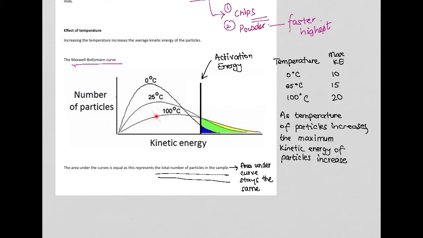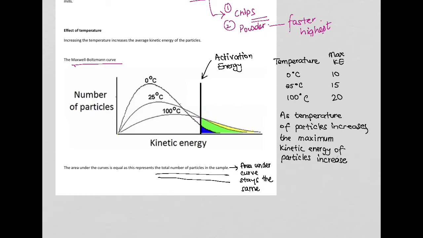All these particles actually have energy less than activation energy, so the probability of them colliding successfully is minimal, while these particles have energy higher than activation energy. Therefore, when they collide, the probability of the reaction being successful is more.